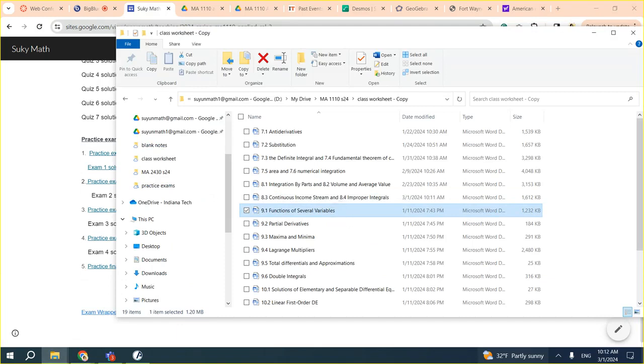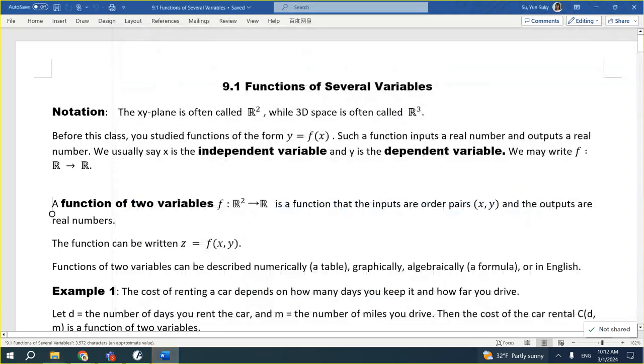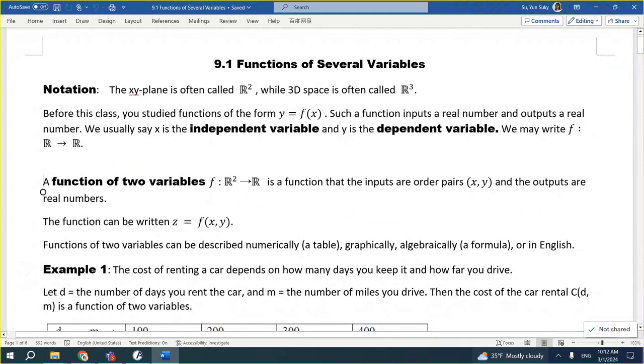Okay. So 9.1 is here. Now we finish the 2-dimensional and go to 3-dimensional space. So functions of several variables. Count 1, function of a single variable.